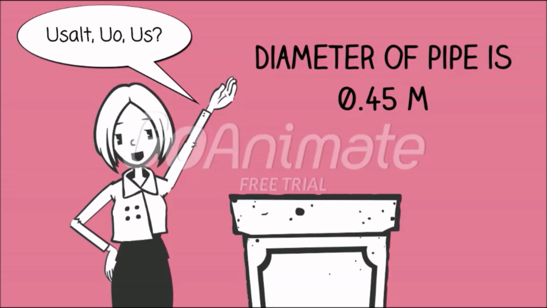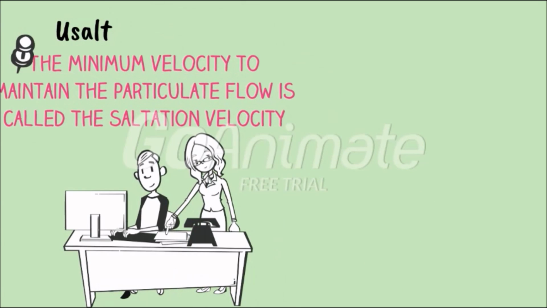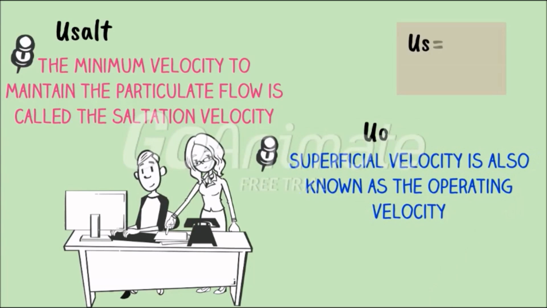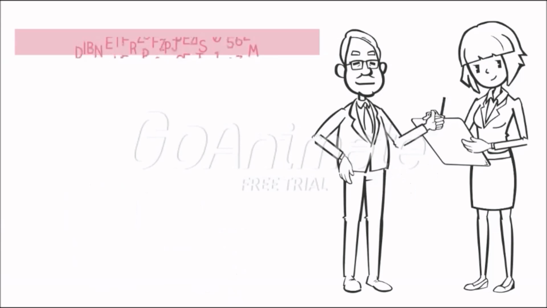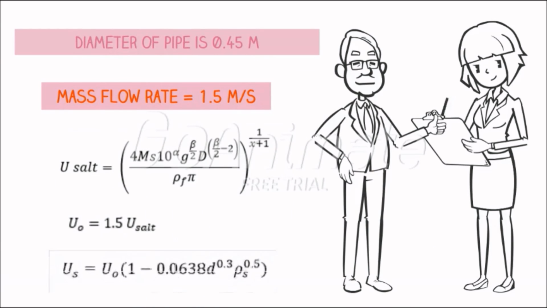Velocities are determined. The minimum velocity to maintain the particulate flow is called the saltation velocity. Meanwhile, U0 is the superficial gas velocity, also known as the operating velocity. With the mass flow rate assumed to be 1.5, greater than the calculated value, the saltation velocity is determined using the equation.